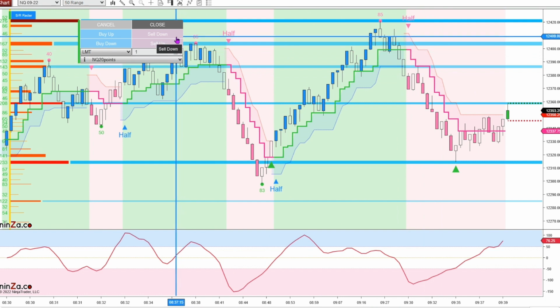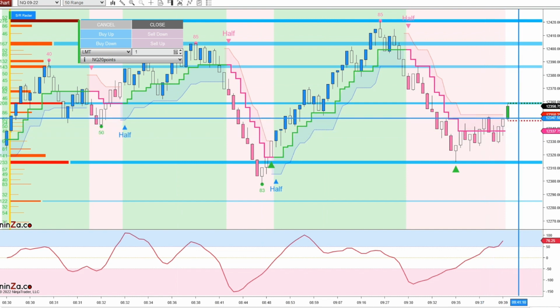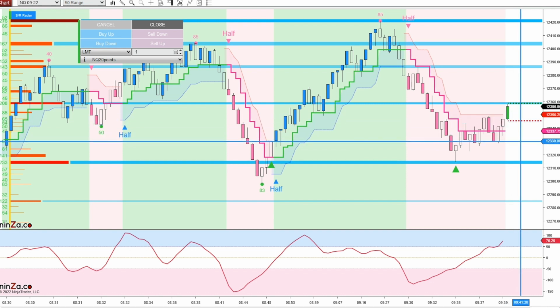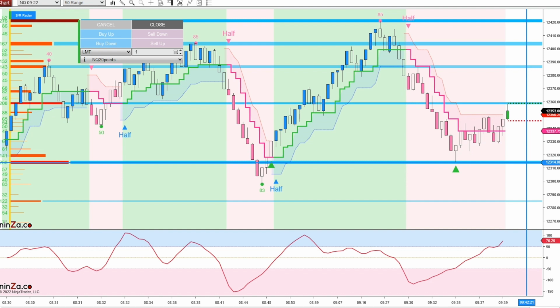You know, if we get a down closed candle, maybe that would signify that we're going to continue in the downtrend, maybe back down to this major level.